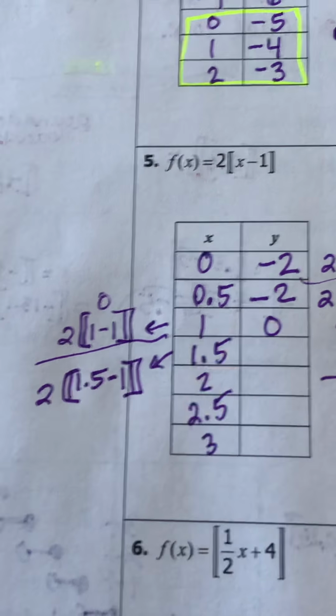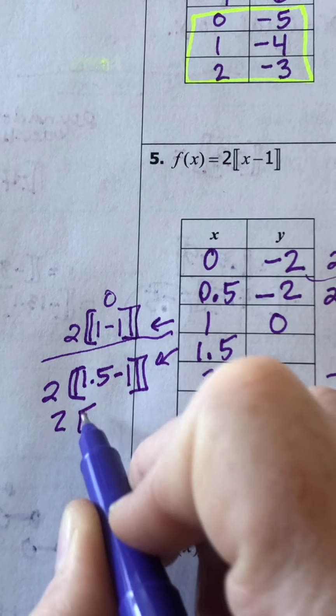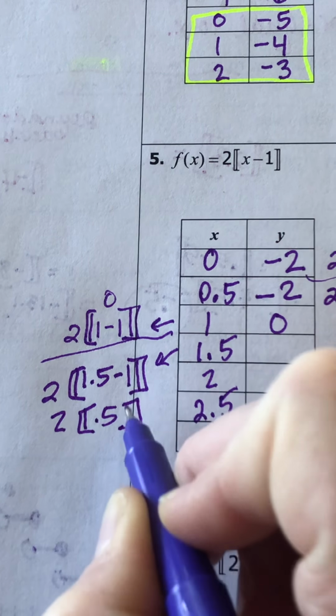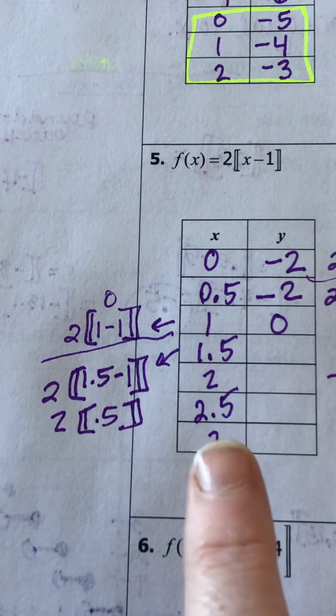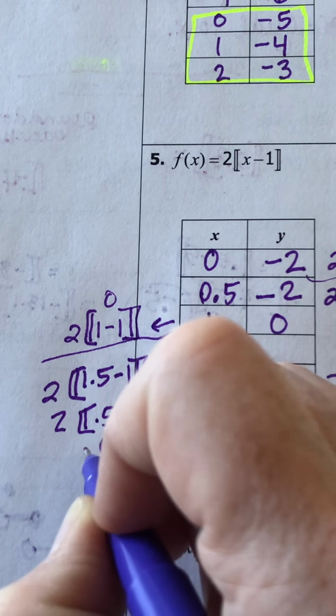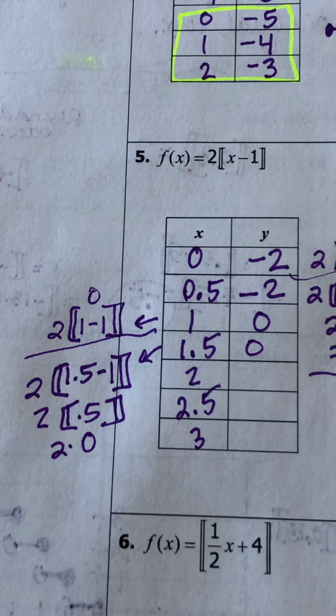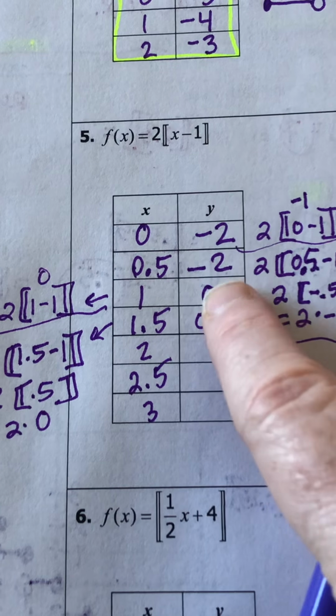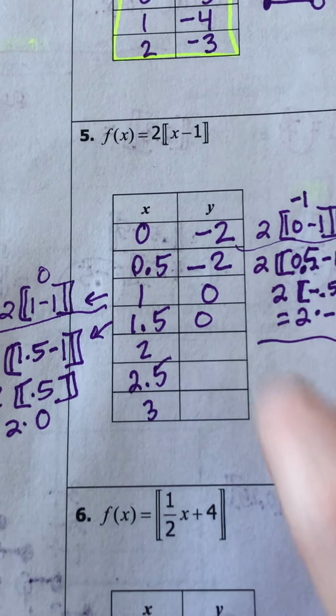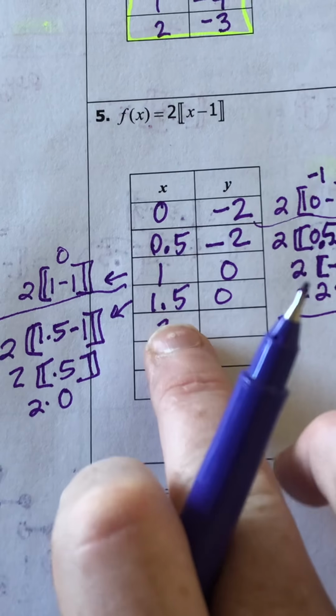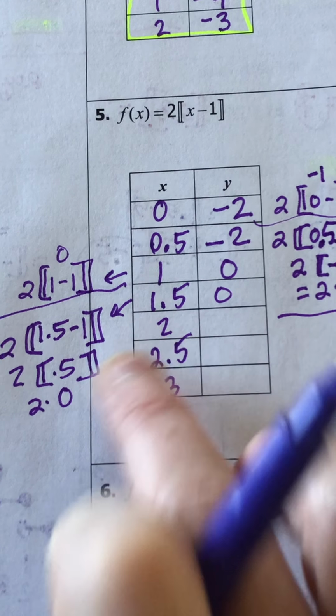Well, 1.5 minus 1 is a half, so 2 times the greatest integer of a half. Remember, we can't round up to 1, so this has to be 0. So that's also 0. And we should know that because these should not change their value until you hit the next integer, 2.